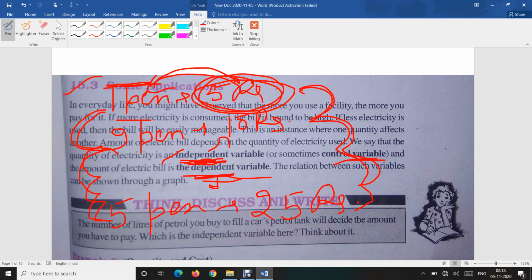If there were two pens, cost was 10 rupees. If there were 3 pens, cost was 15 rupees. If there were 5 pens, cost was 25 rupees. That means the price of the article completely depends on the quantity of the article. So this was the dependent variable. Hope you understand this. Now see some more examples.